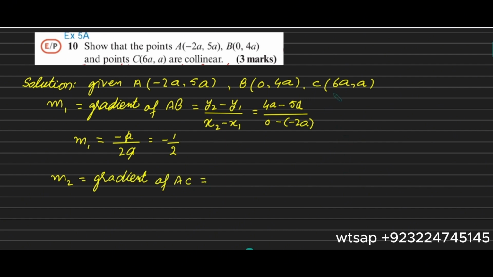Now we find the second gradient, m2, that is the gradient of AC. We can see C is (6a, a). Here a is y2 and 5a from A is y1.